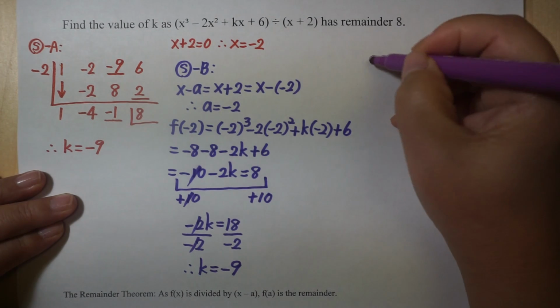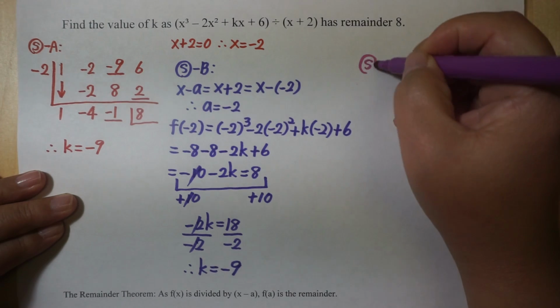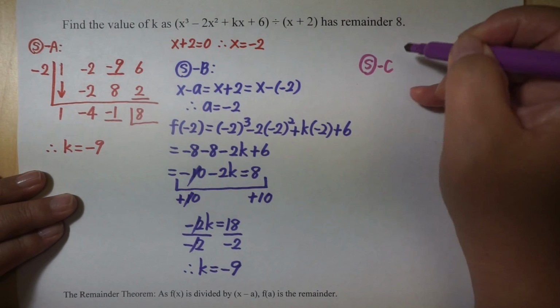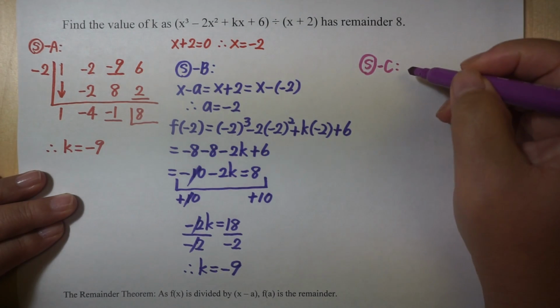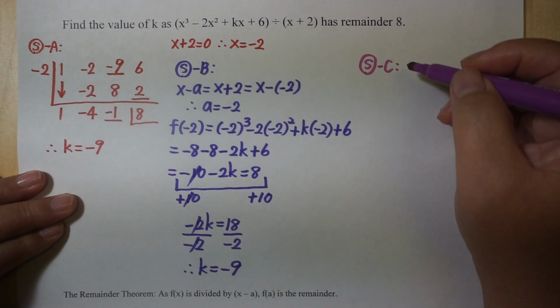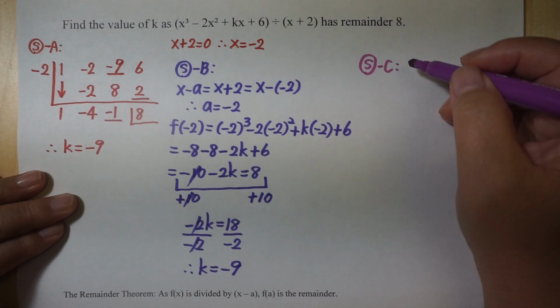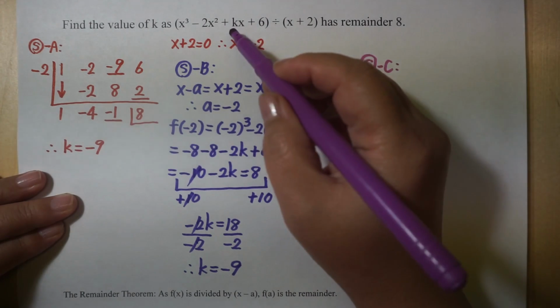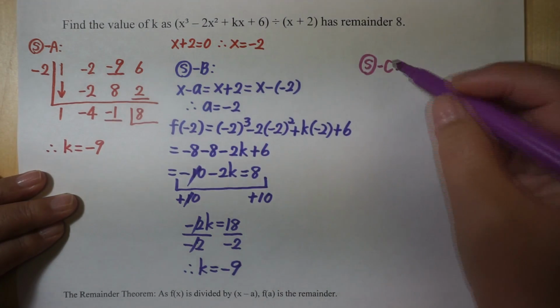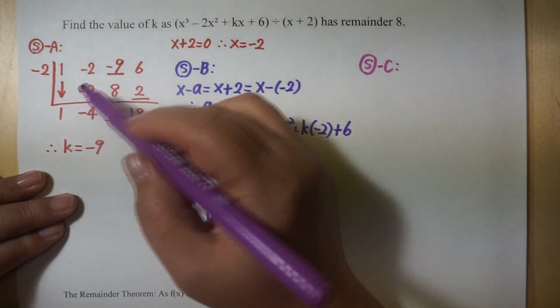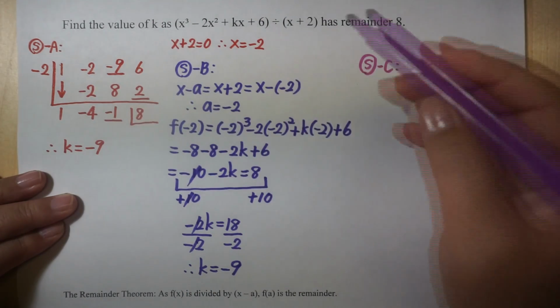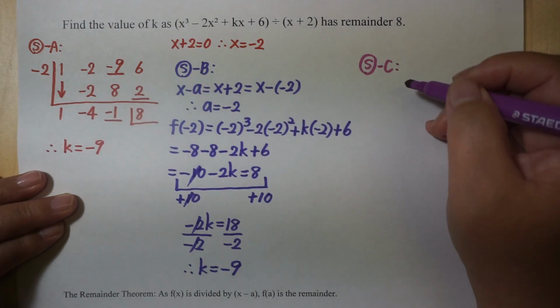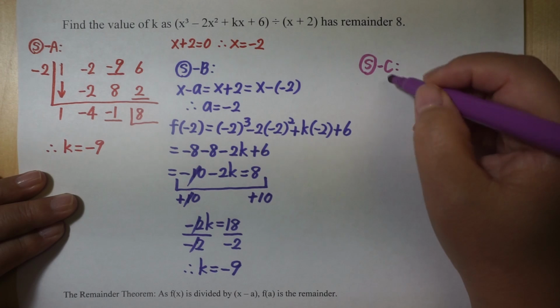So next, student C's solution. Student C applied synthetic division, but this student used the letter k. So it's the same thing as student A, but a little bit different. So we're going to write down the coefficients first.